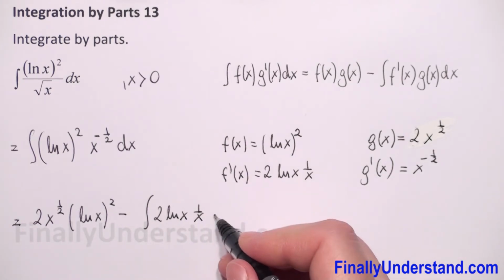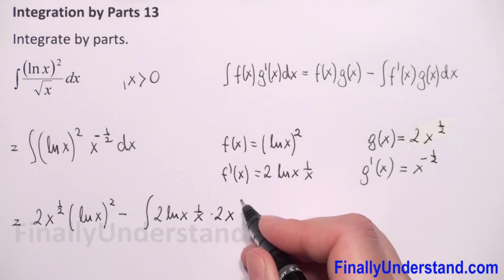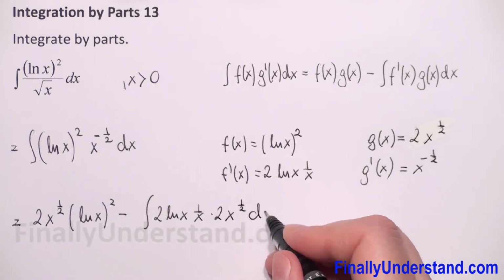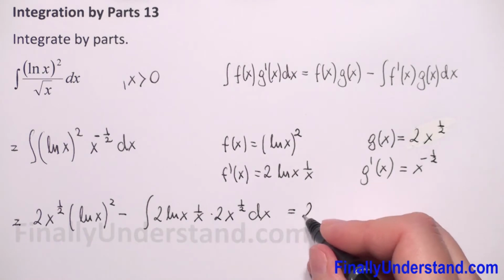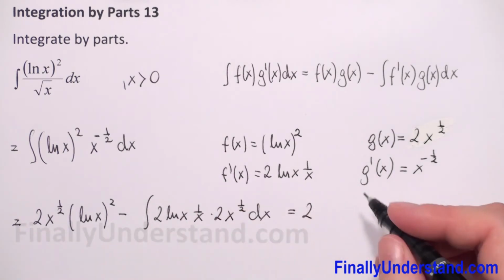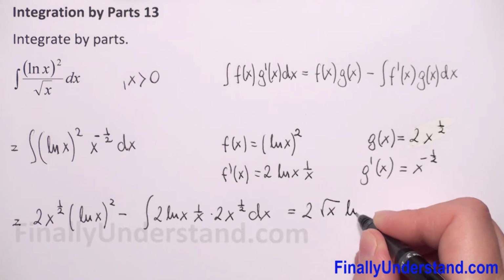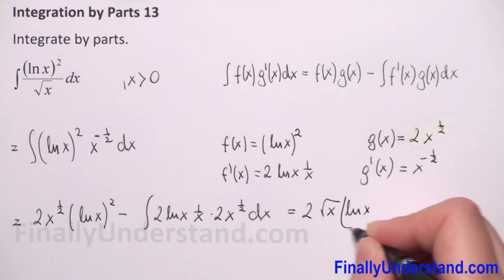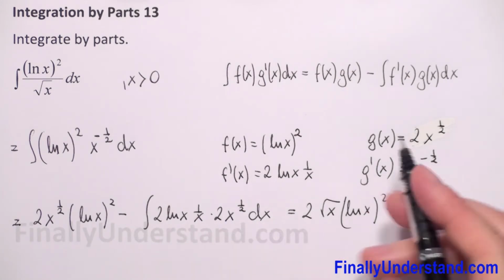G is equal to 2 times x to the power 1/2 with respect to x. So this is equal to, we copy 2x to the 1/2 power, so it's the square root of x times natural logarithm of x squared, minus, and we have 2 times 2, which is 4.